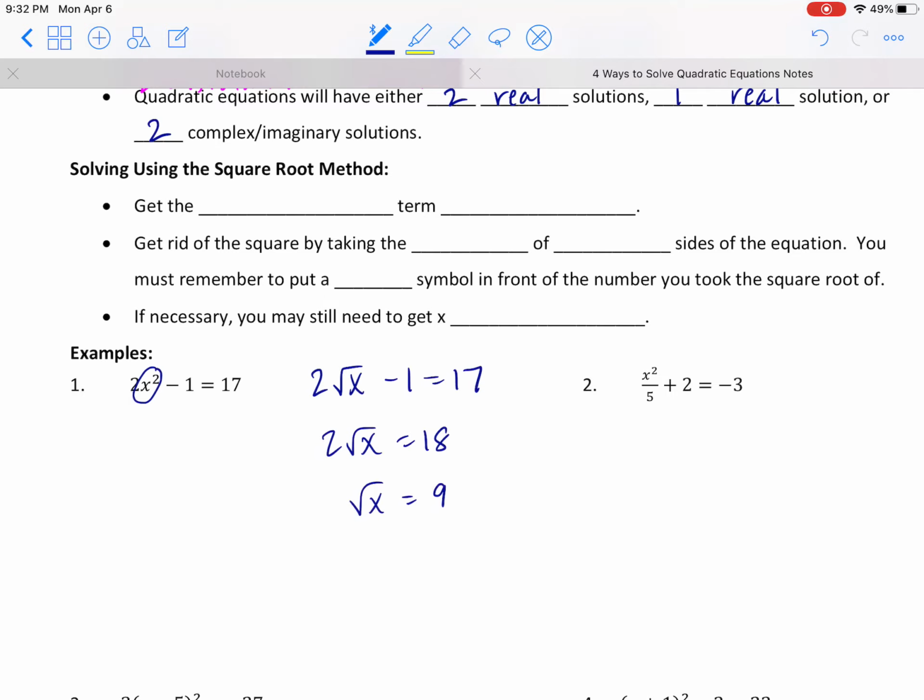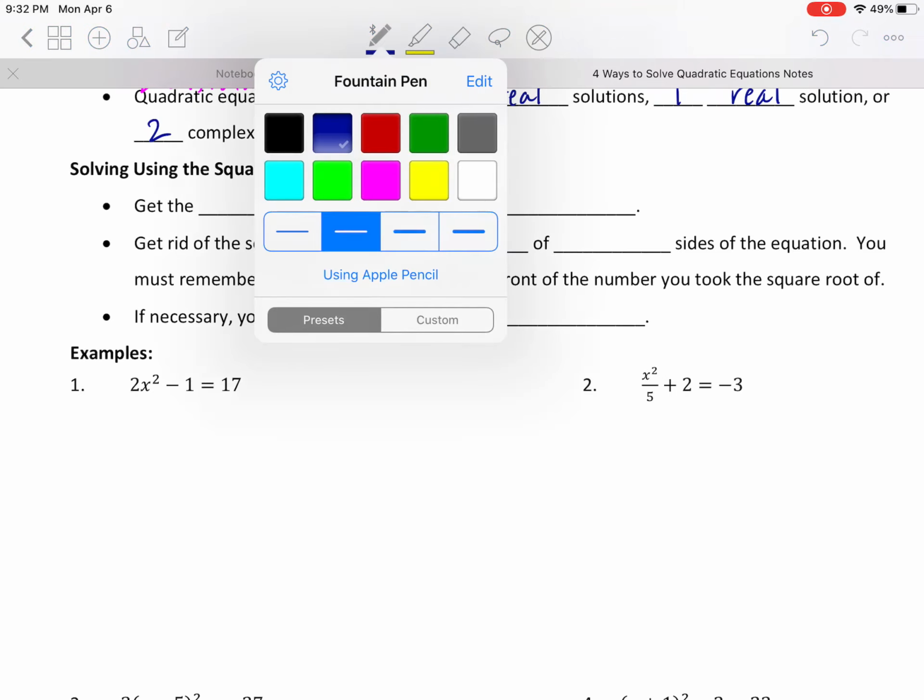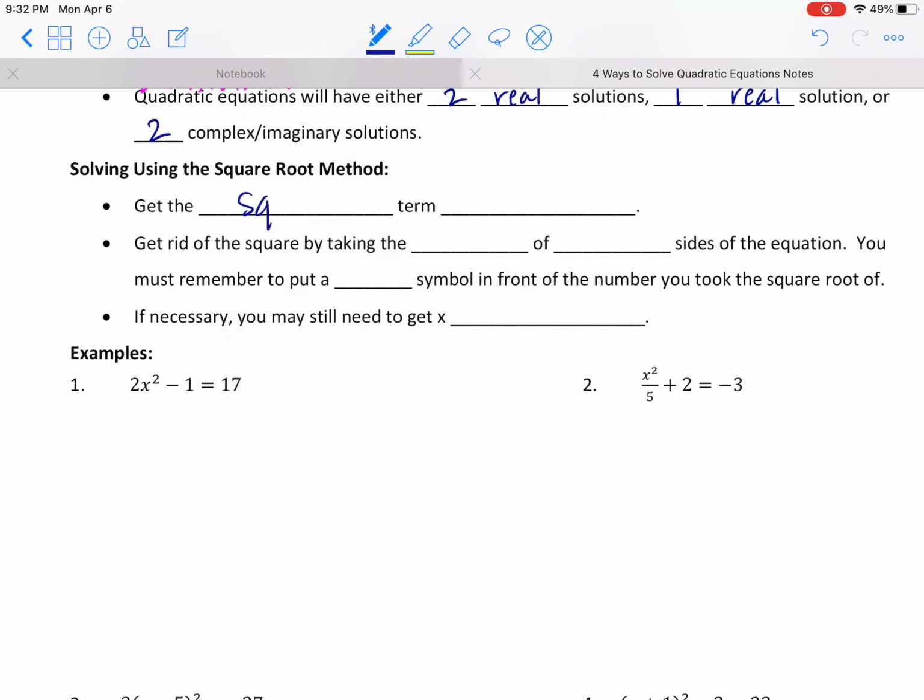Okay, and we've done this before, like if it was 2 square root of x minus 1 equal to 17, I would add the 1 over, right? Divide the 2 over, and then to get rid of the square root, we'd square. This is almost the same thing.